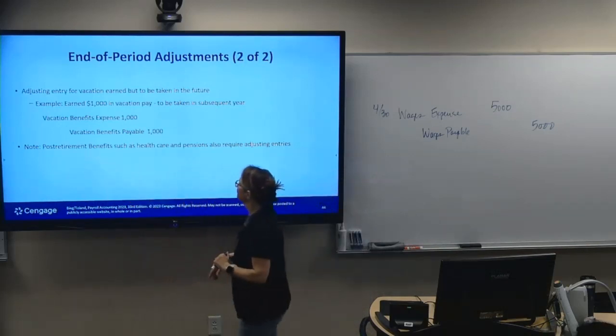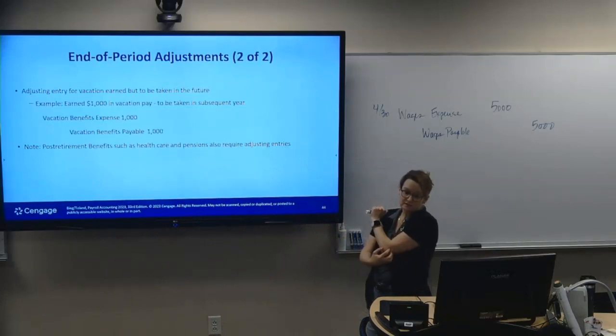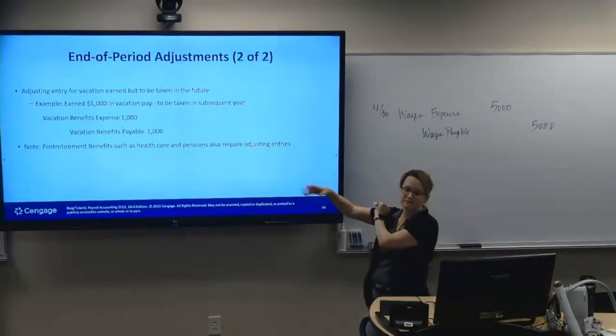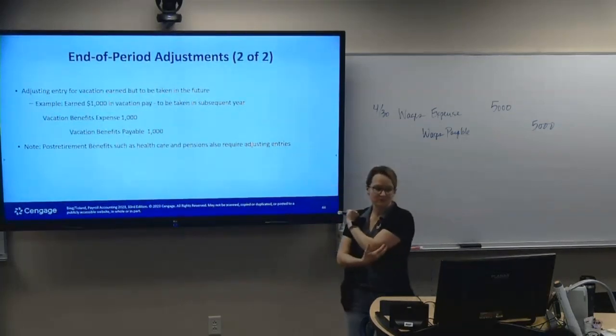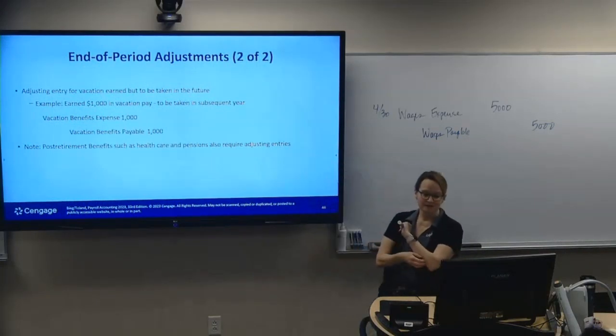Also, any post-retirement benefits, healthcare, pensions would also require an adjusting entry at the end of the period. We're not going to get into what those would look like, but that's more intermediate accounting, the second part of intermediate accounting, which is a class that you would take at like Iowa State or Iowa.